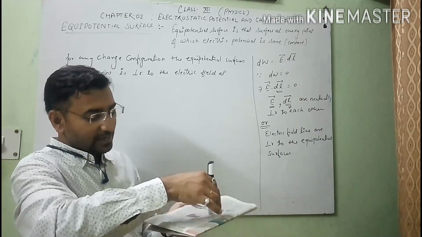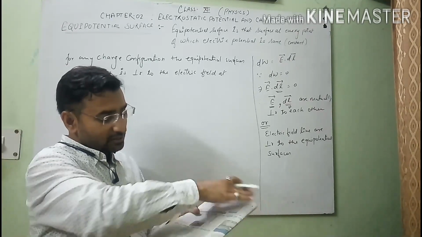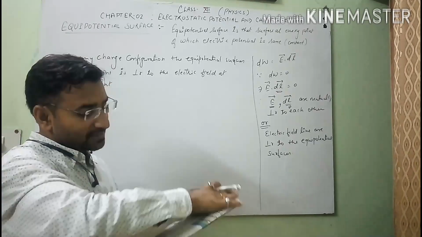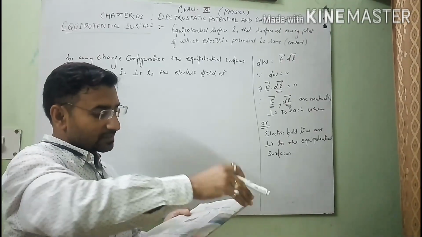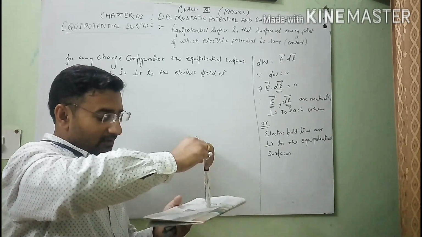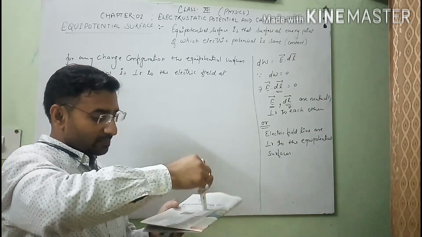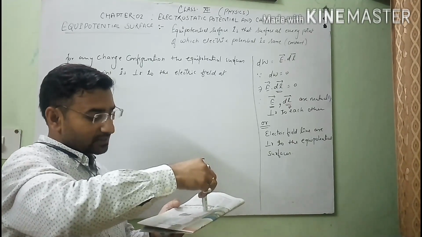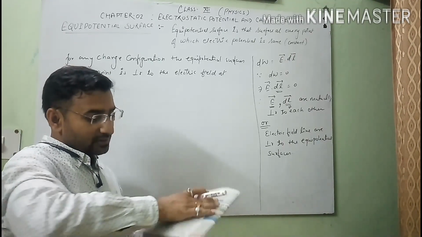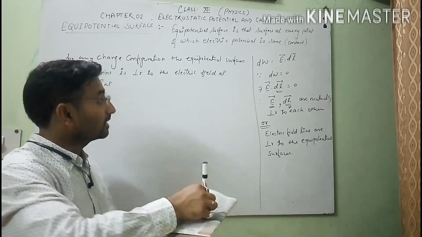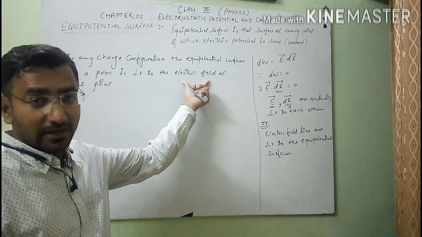Because this line segment is over the surface, and this surface is our equipotential surface, for any charge configuration, suppose any charge q is present, the equipotential surface is normal to the electric field lines. Clear? It is normal to the electric field.